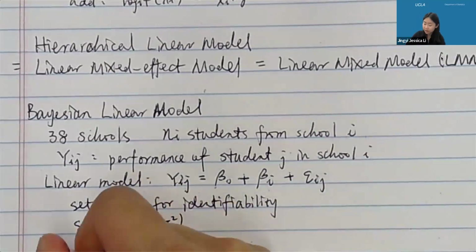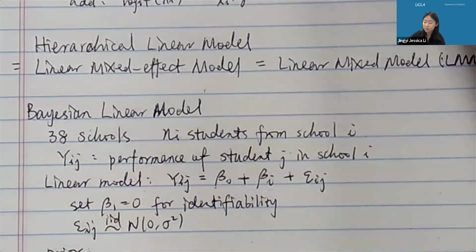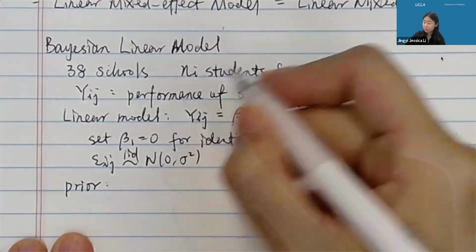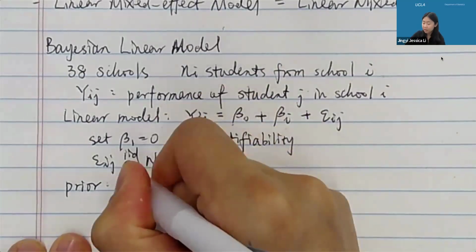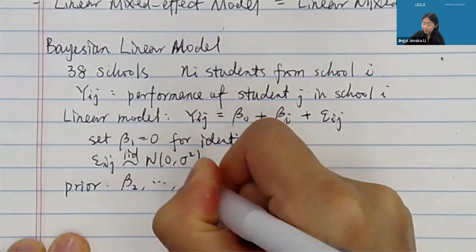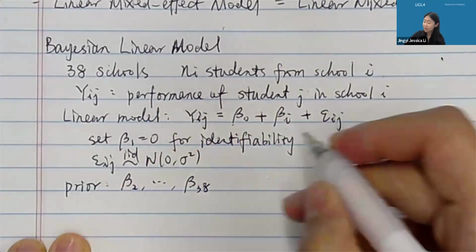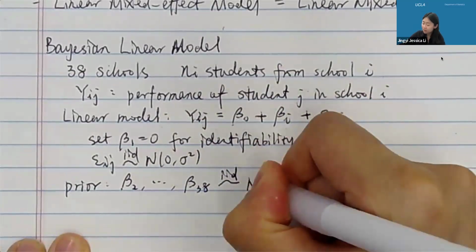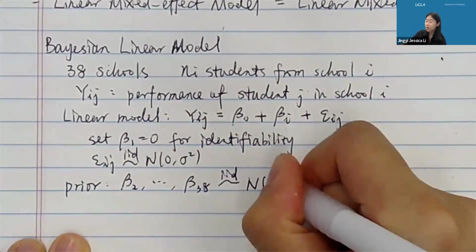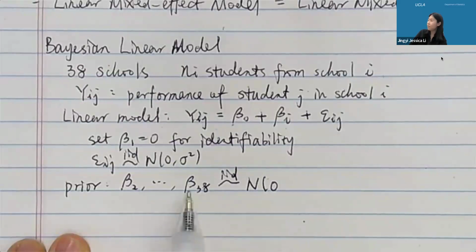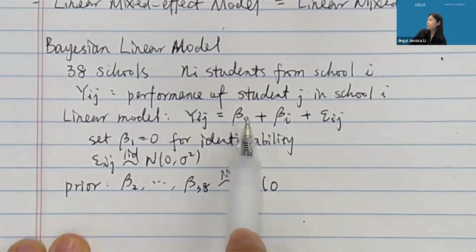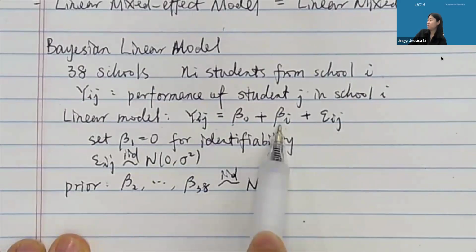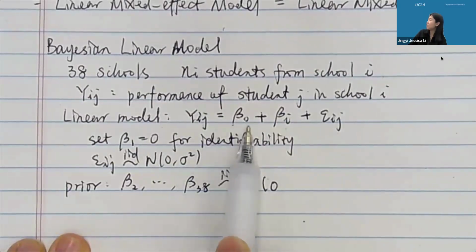So the prior comes in: beta 2 to beta 38 are IID from another distribution with mean 0, which means I expect most of them to not be far from 0. So the differences between these schools and this baseline are not big.